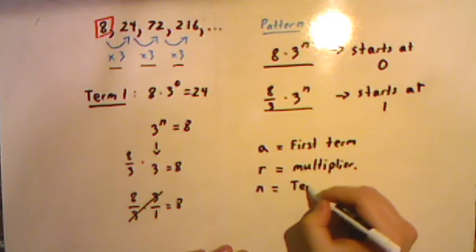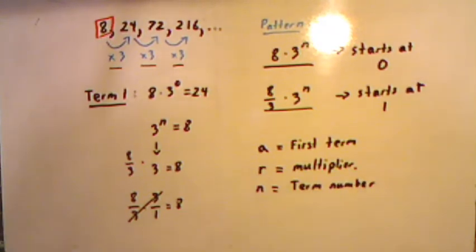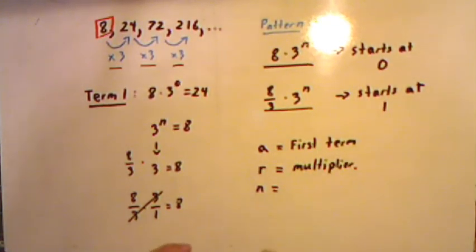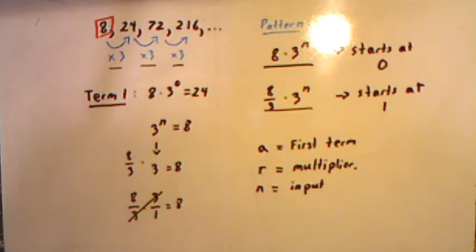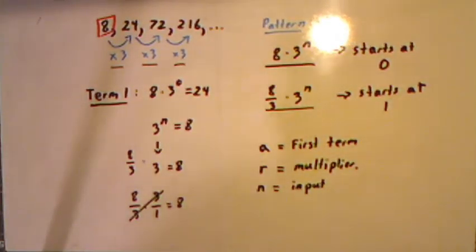So n would be our term number, or perhaps not term number, just continuation number. Because here we started at 0 and here we started at 1. Make it our input.